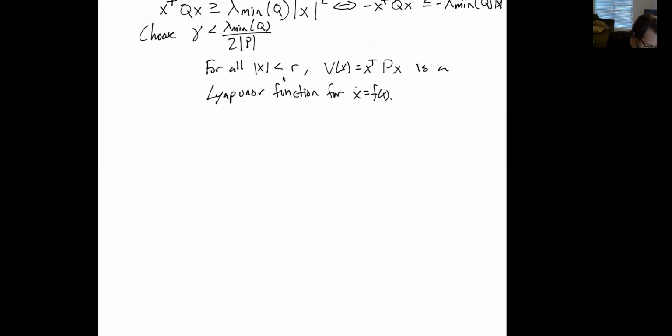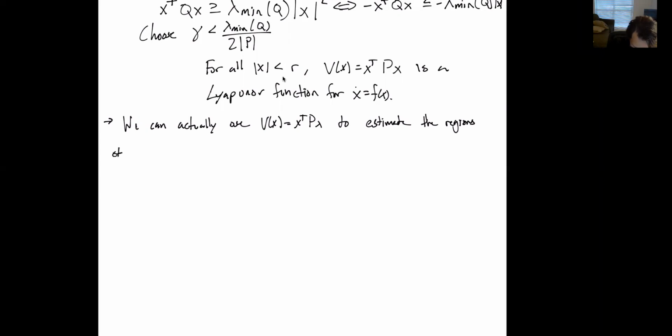So furthermore, what's neat about this is that we can actually use x transpose P x to estimate the regions of attraction.